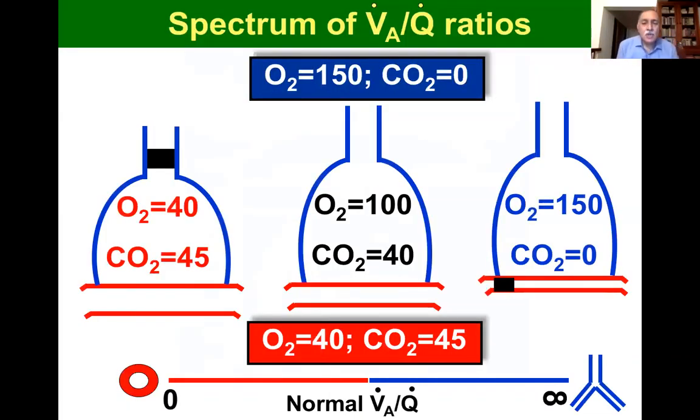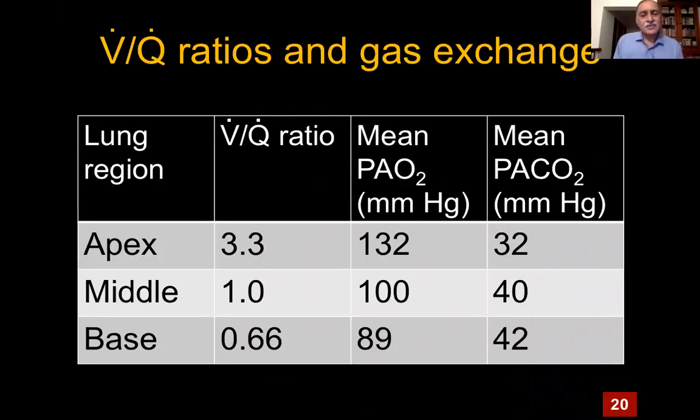Now, we saw this diagram in a bit more detail in the first half of today's lecture, so I won't spend too much time on this. All I will say is that on the basis of this, we can imagine that the blood draining the alveoli from the apex of the lung has a slightly different composition to that draining from the base of the lung.